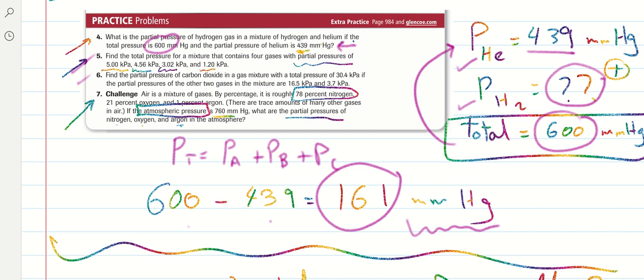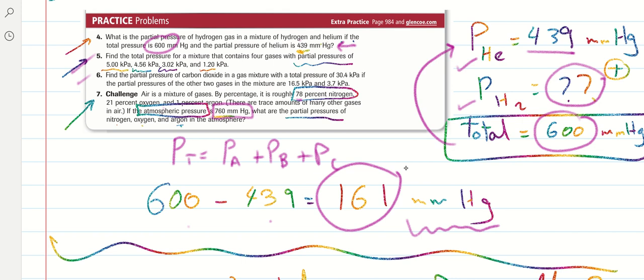Air is a mixture. We all know that air is a mixture of gases, and nitrogen is the most abundant gas, which is 78% nitrogen. 21% is oxygen, and 1% is argon. And they give you the total atmospheric pressure for the mixture of gases, which is air.